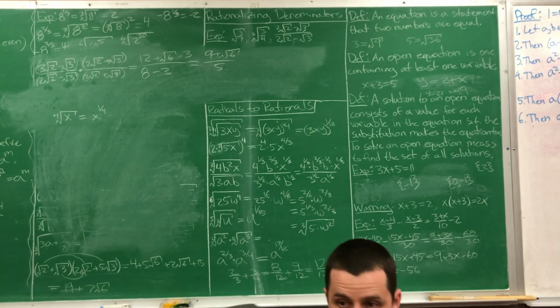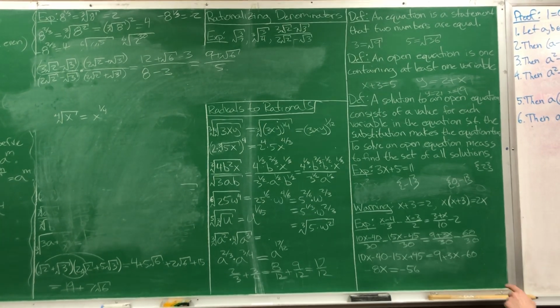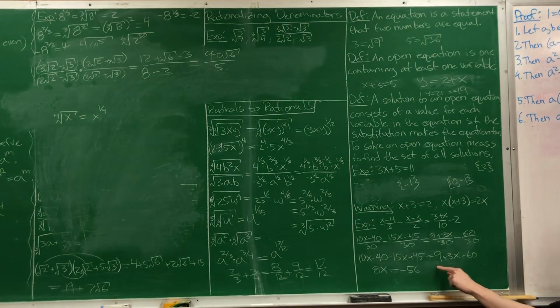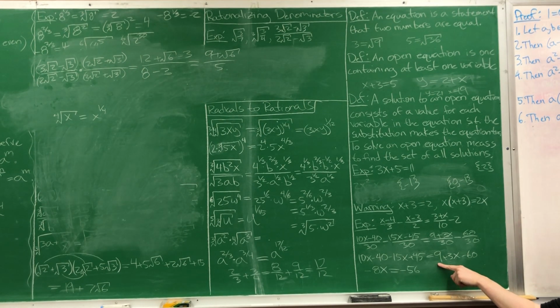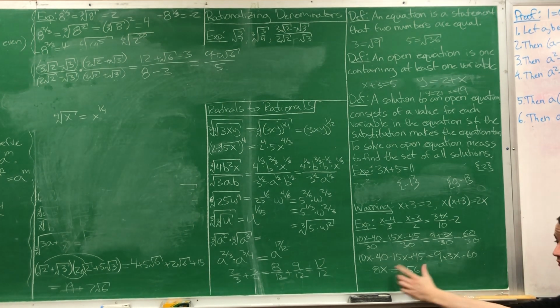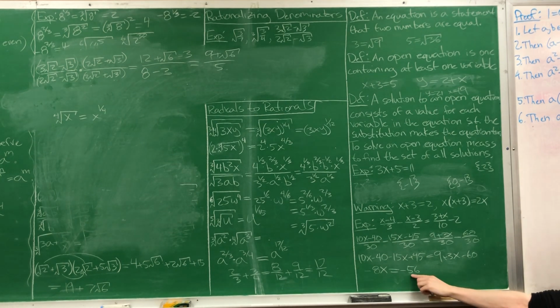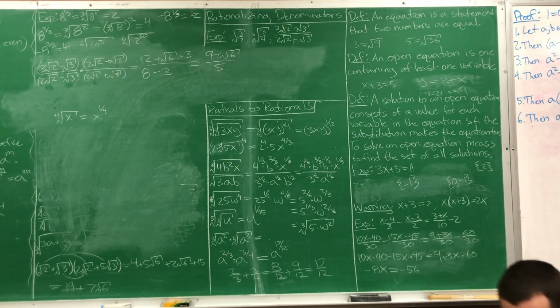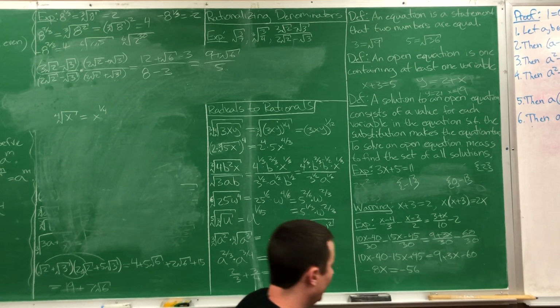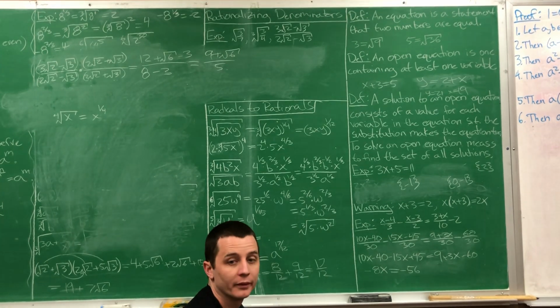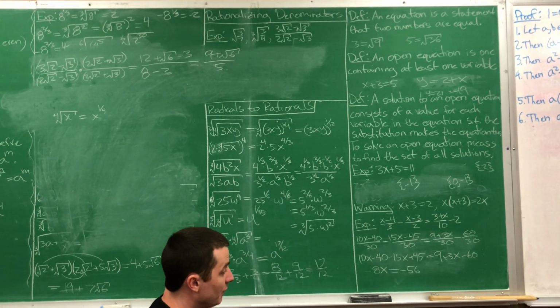Follow that? Maybe think about it this way if it's easier: negative 60 plus 9 is negative 51, and negative 51 minus 5 is negative 56. Good? All right, now what am I going to do? Divide both sides by negative 8.